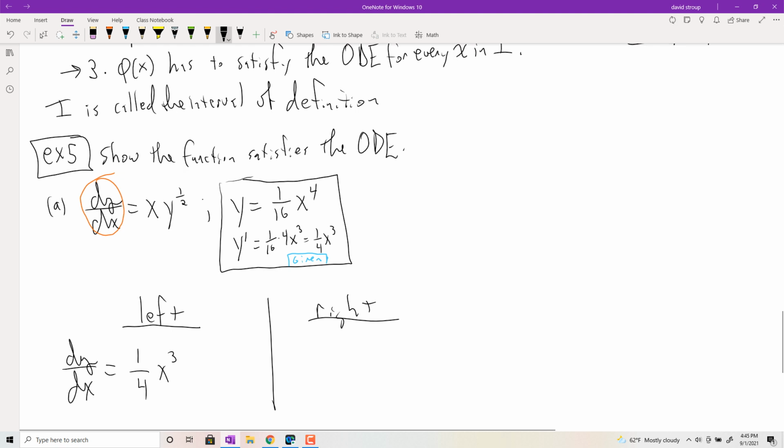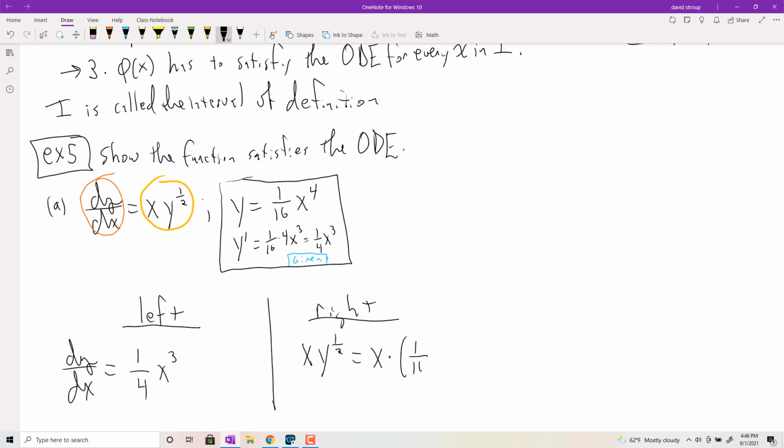The other side, let's circle it in yellow, I guess, is this thing. So I have x y to the 1/2, and now I use the given information to rewrite it, and hopefully I'll get the left side. Okay, so I'll have x times y, which is 1/16 x to the 4th, to the 1/2 power.